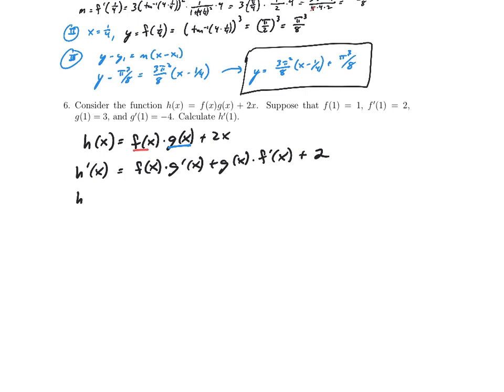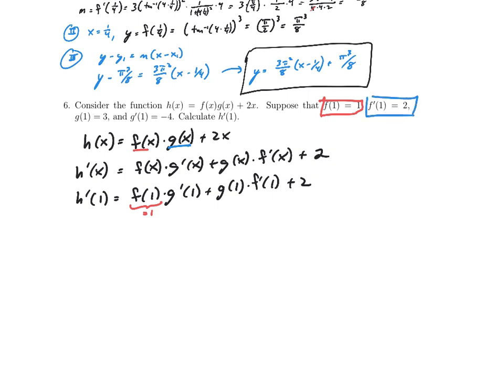And if I plug in 1 into all this mess, I get f of 1 times g prime of 1 plus g of 1 times f prime of 1 plus 2. And we can figure out what this is relatively quickly. So we know that f of 1 is 1, so everywhere I see that, that's equal to 1. Okay. I also know that the derivative of f is equal to 2. I can see that g of 1 is 3. And lastly, g prime of 1 is negative 4.